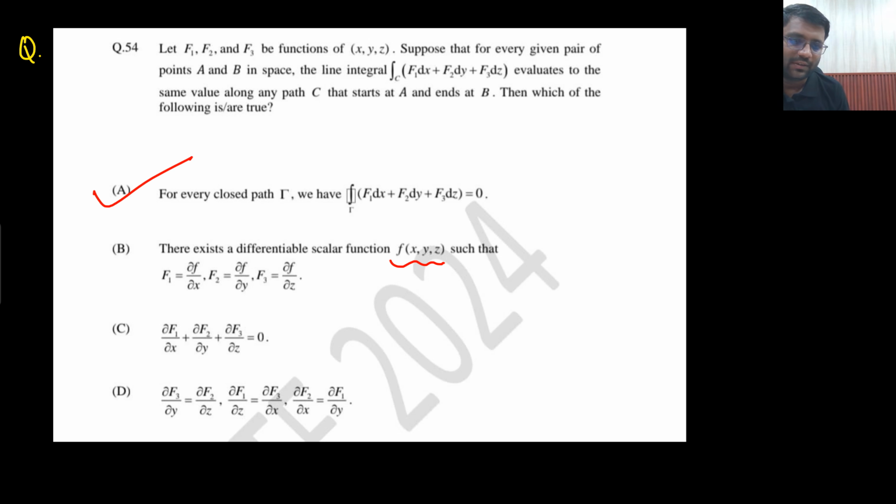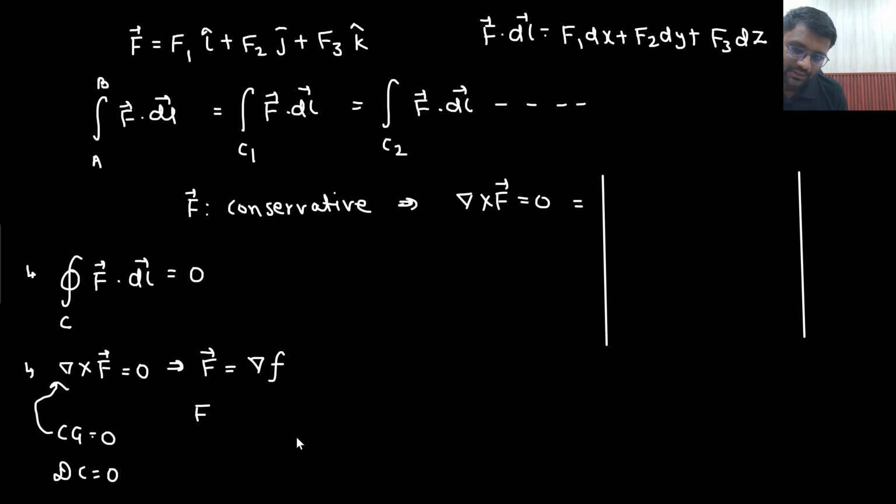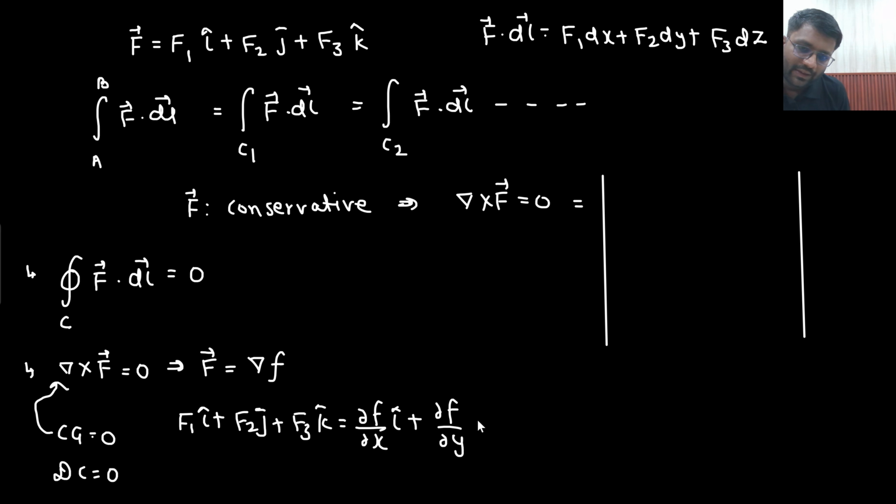Now the vector field F could be written as F1 i cap plus F2 j cap plus F3 k cap. This is my capital F. And this could be written as del f by del x i cap plus del f by del y j cap plus del f by del z k cap.